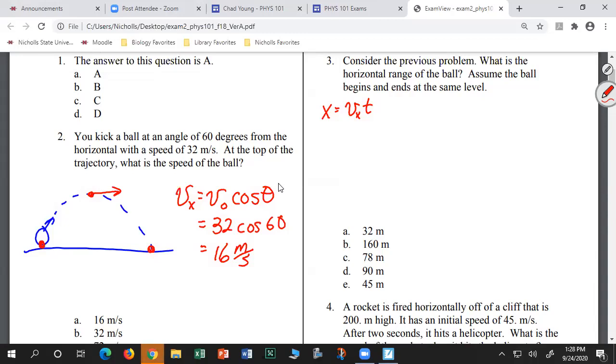In order to find that time, I would say Vy is equal to V naught y plus a_y t. I know at the top of the trajectory that Vy is equal to 0. So I'd say 0 is equal to 32 sine of 60. That 32 sine 60 is the y component of the velocity. Minus 10 times t.